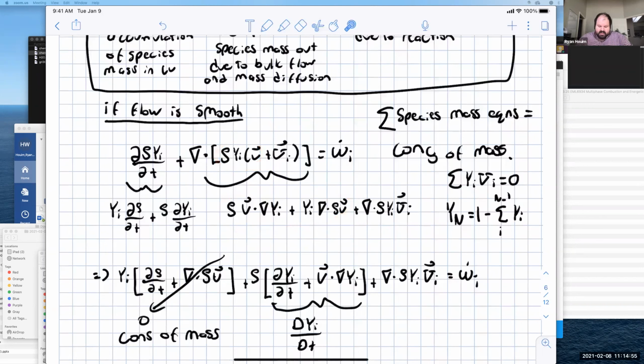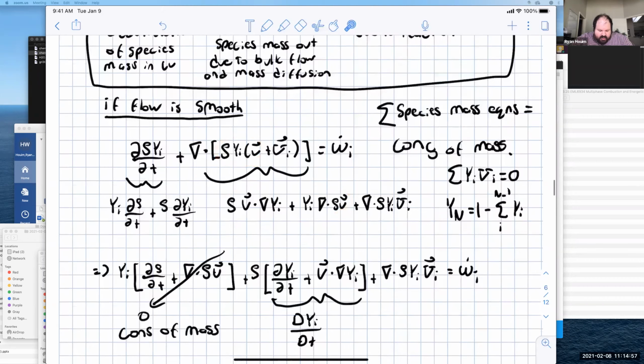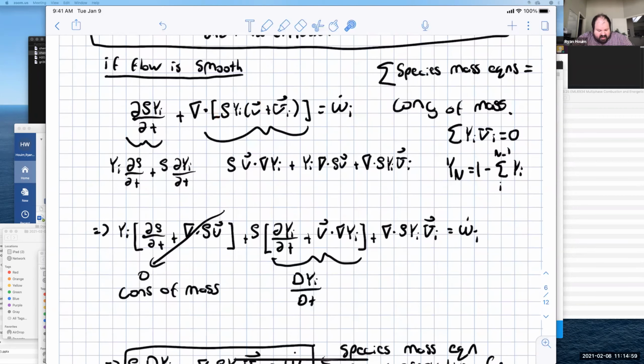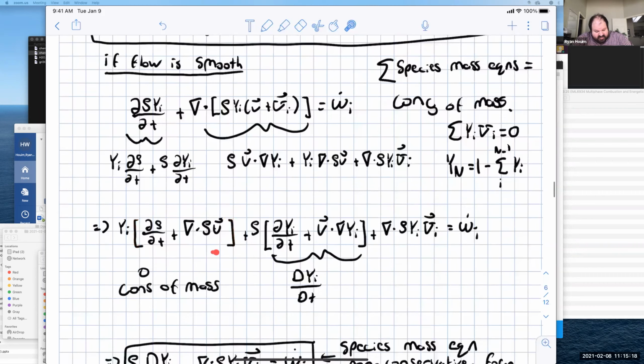So I can collect terms: Yi times d rho dt plus Yi times the divergence of rho v. If you notice, these two terms are just the total conservation of mass, which is equal to 0, so I can cross those out.